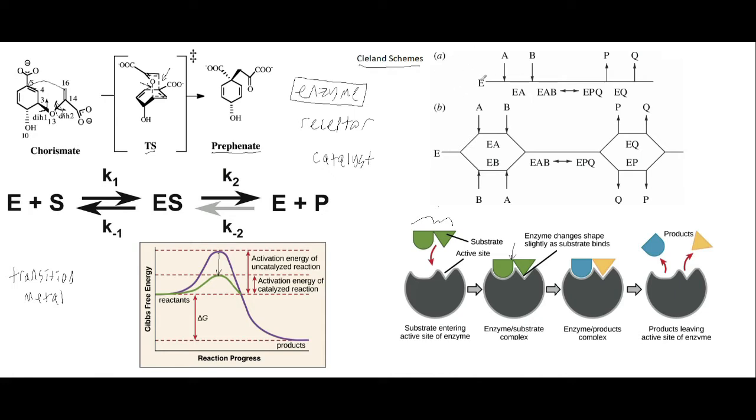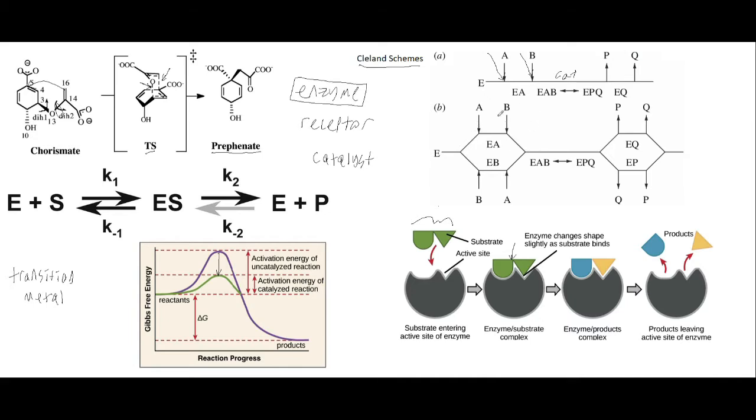And so if we have our enzyme here, we can have A bind first, and then B bind second, and then whatever catalysis is happening right here produces a product. It produces these two products, and one is released first, and the other one is released second. And we can do that in opposite directions, so we can have A or B bind first.